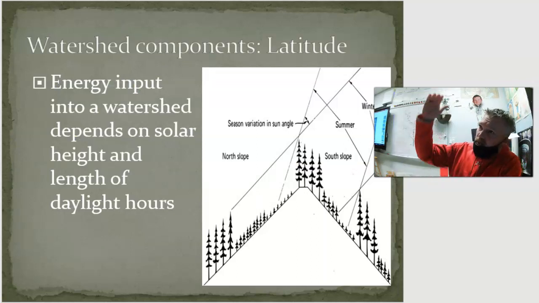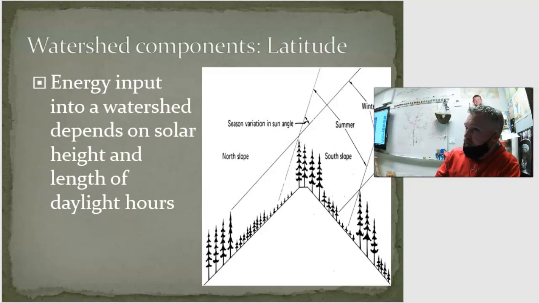If you look at your position north and south on the globe, that affects the amount of energy input. We talked about that with seasons and days and months and years. Earth's tilt makes less direct sunlight towards the poles, which means less energy input there. What does that mean? Water doesn't convert to vapor as readily, so water stays in the watershed longer in those areas.